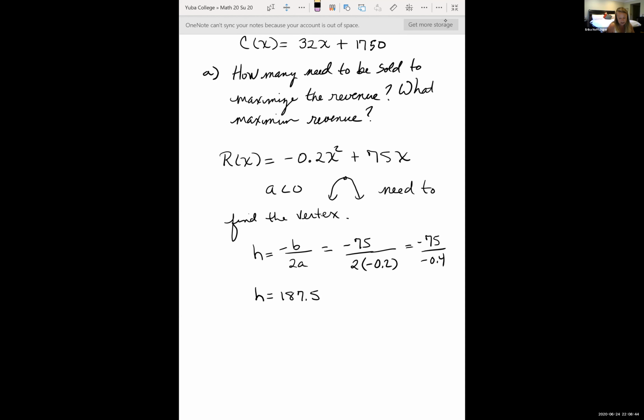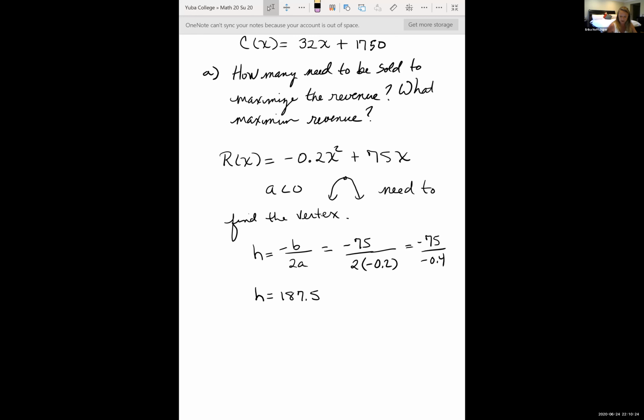I know this is symmetrical. So if I round it down to 187 watches, that's going to give me the same value back as if I had rounded up to 188. Let me just pause for a sec and see how the book expresses this.